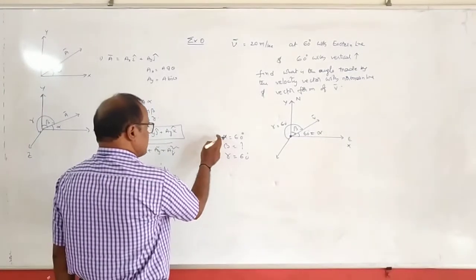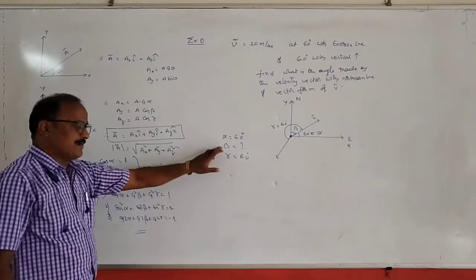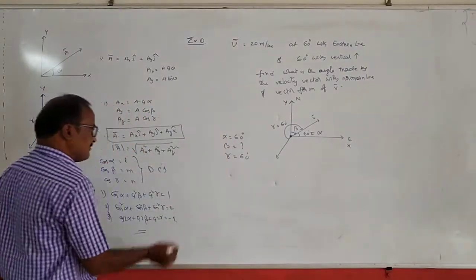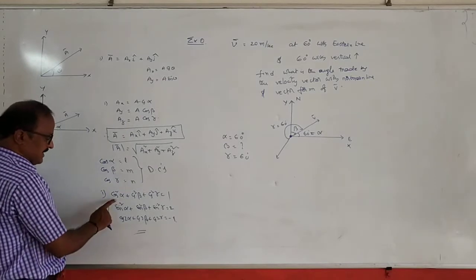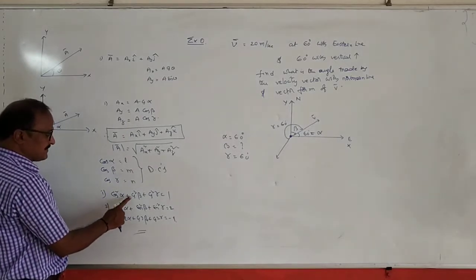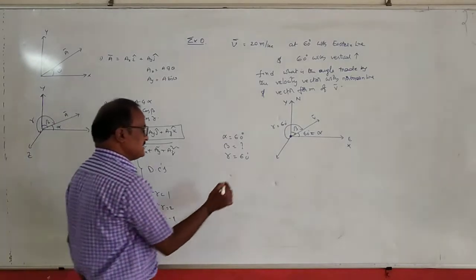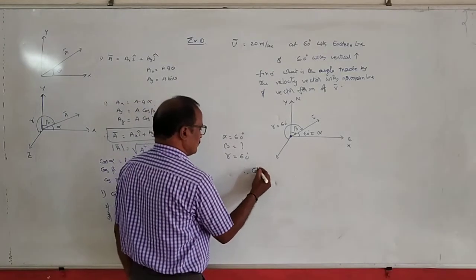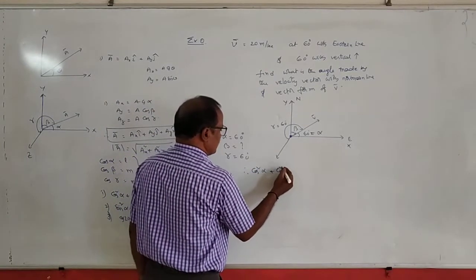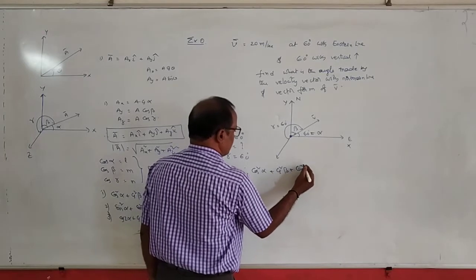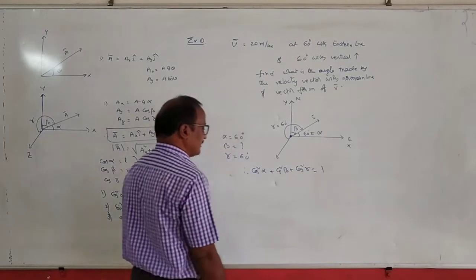Here we know alpha and gamma, but we don't know beta. The relation between alpha, beta and gamma is cos square alpha plus cos square beta plus cos square gamma is equal to 1.